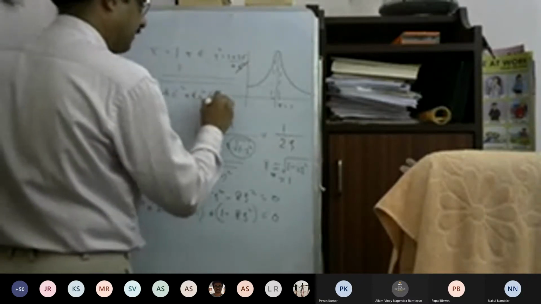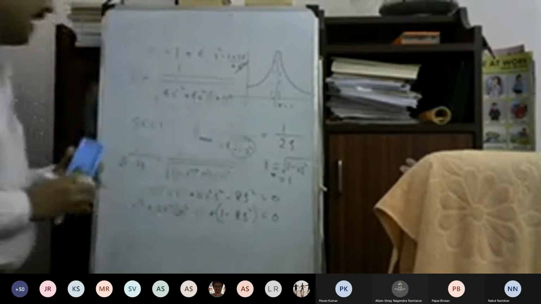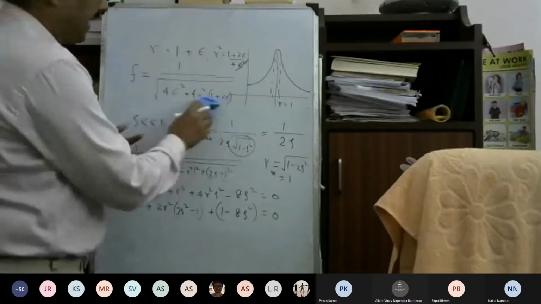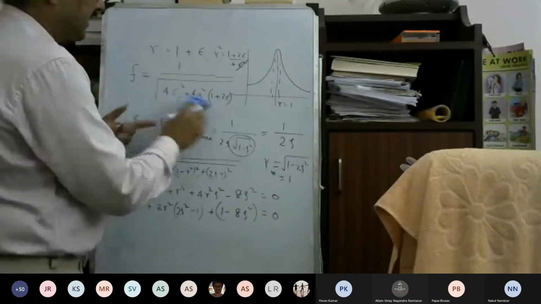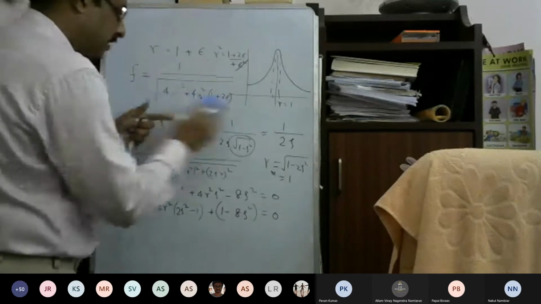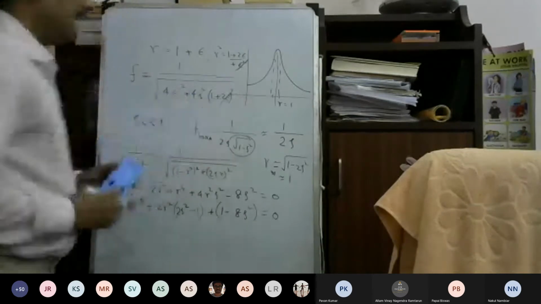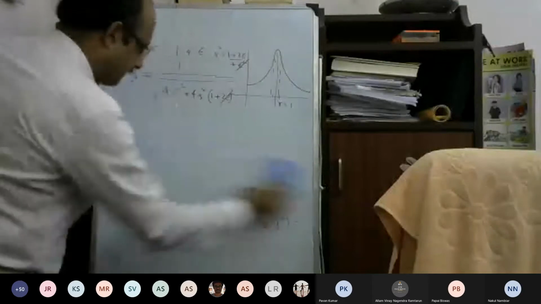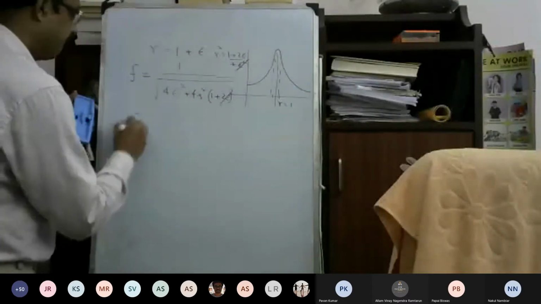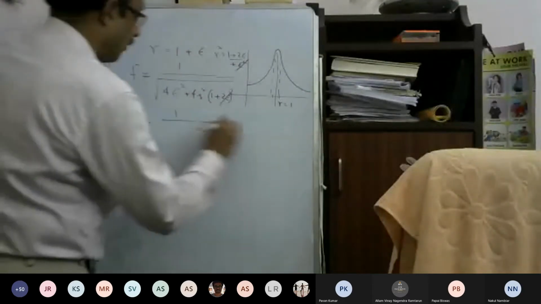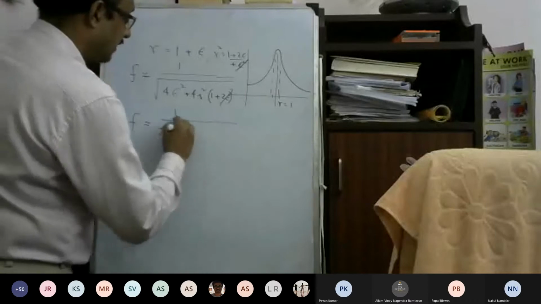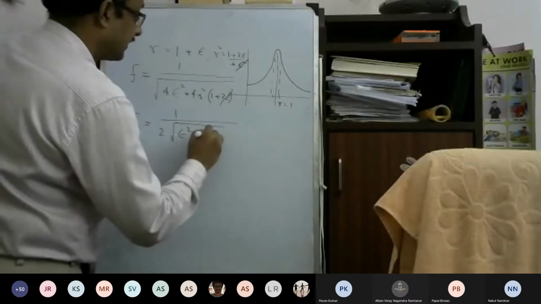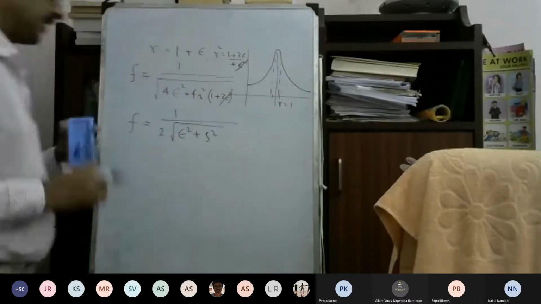Since epsilon and zeta are both small, the remaining term can be dropped out. So what we get from here is that f will be approximately equal to 1 divided by 2 under root epsilon square plus zeta square.